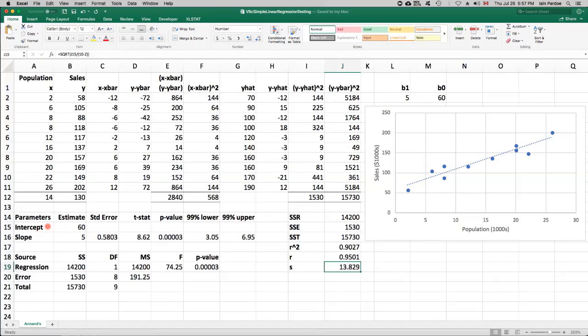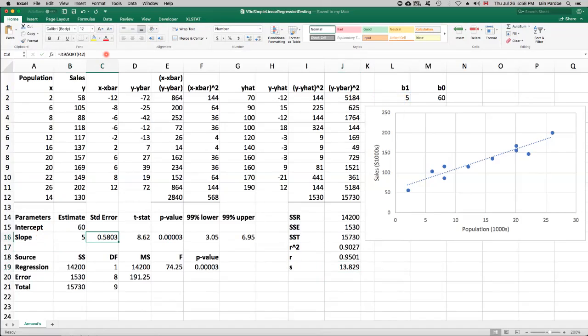The regression output is often summarized in a series of tables, and one of them has the parameters, or the coefficients, from the model. The intercept is B0 and the slope is B1. And we're going to focus on the slope. The estimate I've copied from up here, where we calculated it before. So the estimate is 5.